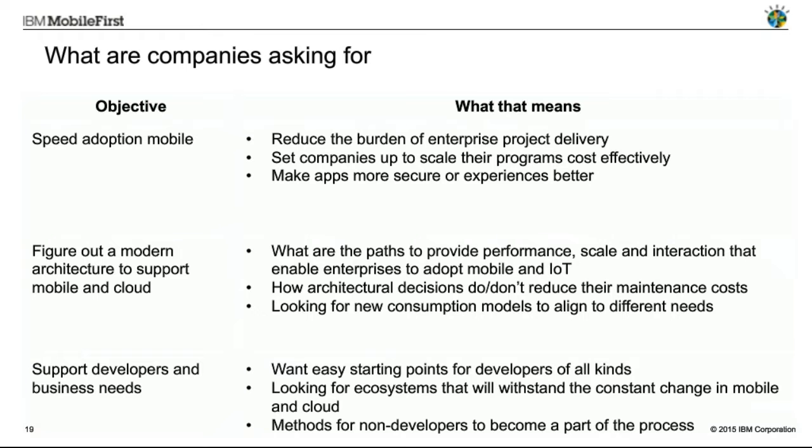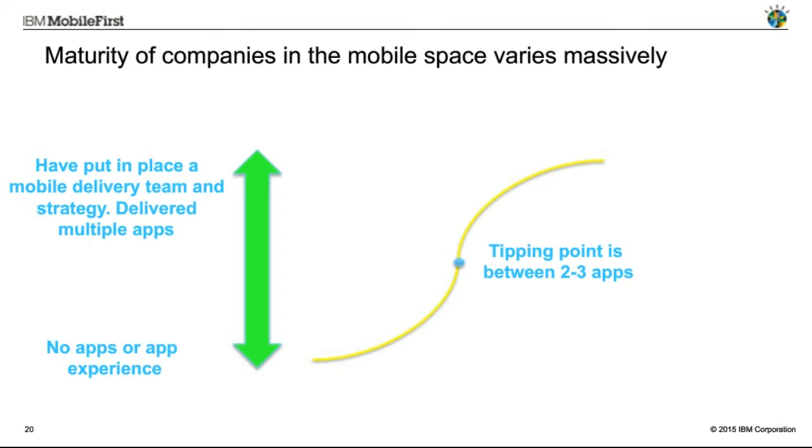So when you think through those areas, as I was talking about before, the thing that comes to bear in all of these slides that I've gone through so far really has to do with maturity of companies. When you think about mobility, there's a stat out there today by Gartner that says that the majority of companies have just moved from a typical 1 to 3 applications to 5 to 8, I believe is the number now.